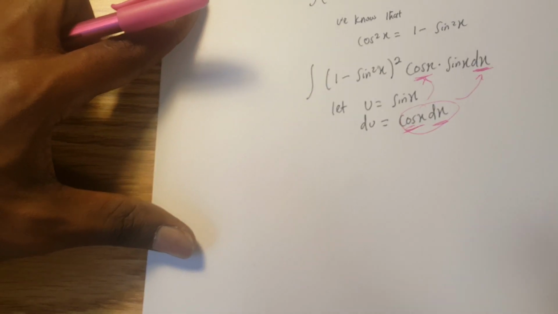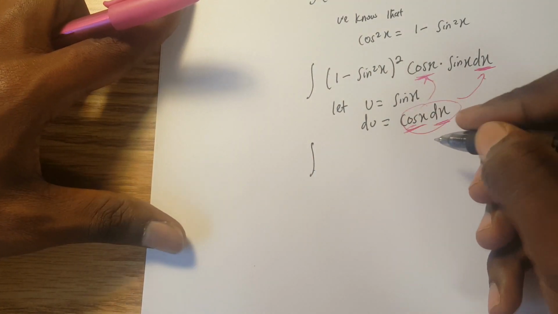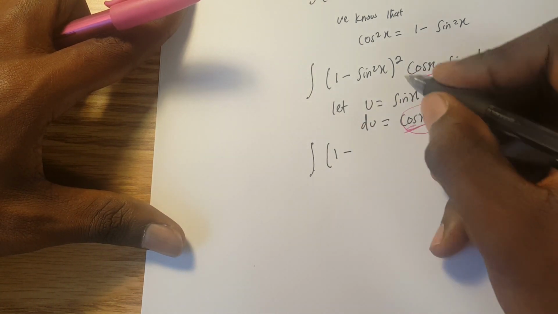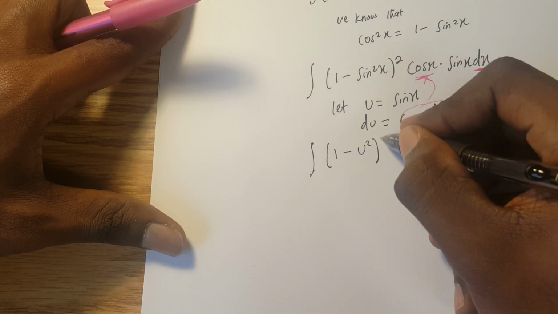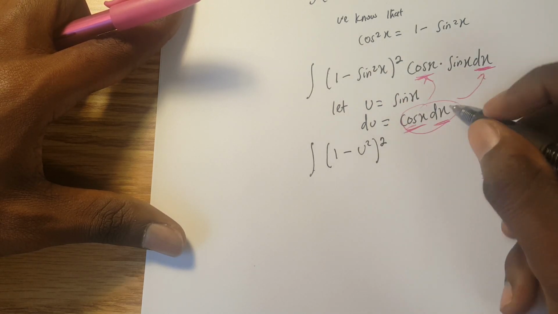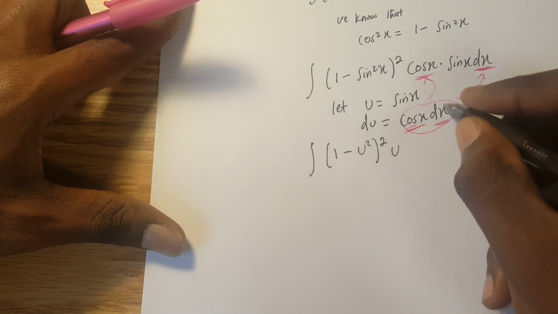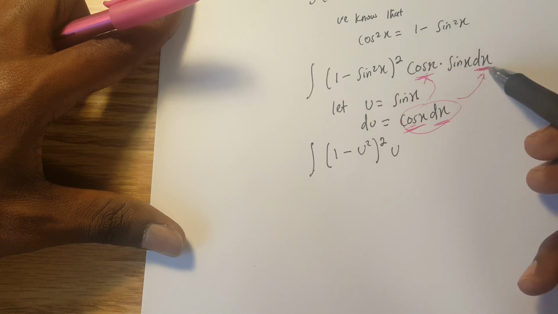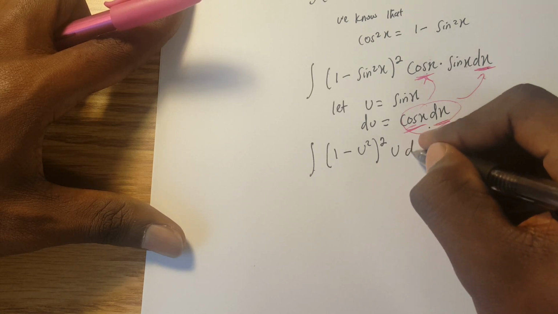Our question has been reduced to 1 minus u squared, because sine squared gives us u squared, all squared, and we have another sine here, so we have another u outside, and then we have the du which is substituted for cosine x dx.